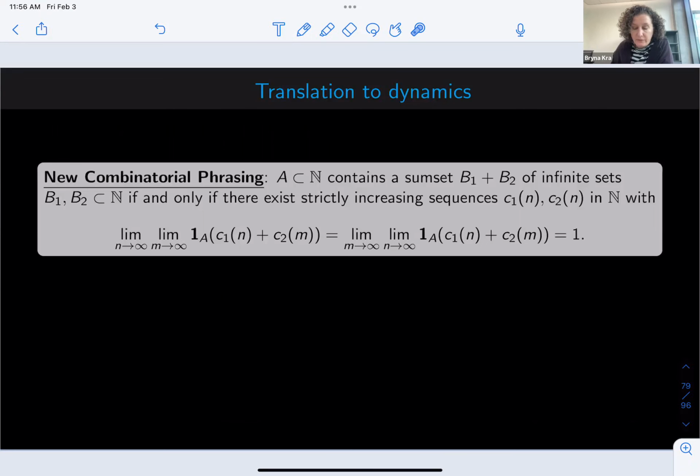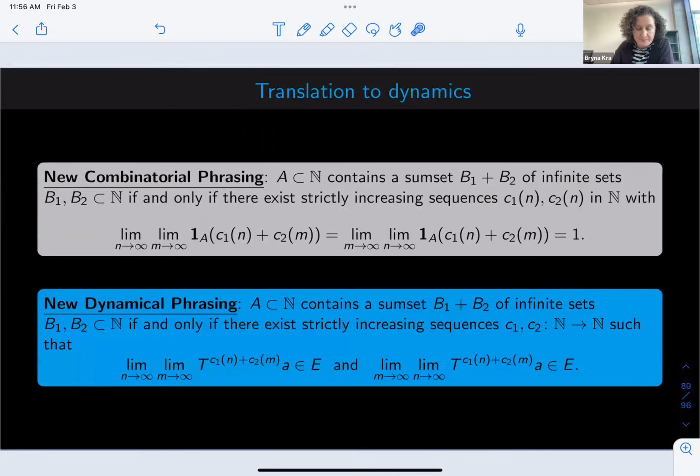But now when we do this for our new combinatorial phrasing, this turns it into a new dynamical phrasing. I'm really copying what it says there, having gone through the correspondence now. The first is that A contains a sumset, that's what we're looking for, a sumset of the form B1 plus B2, if and only if you can find sequences C1 and C2 such that when I apply them to this particular point A, which was the indicator function of the set we started with, and iterate these shifts, that's T to the C1n plus C2m of A, you land inside the clopen set where you see a 1, meaning that you were in the set A to begin with.